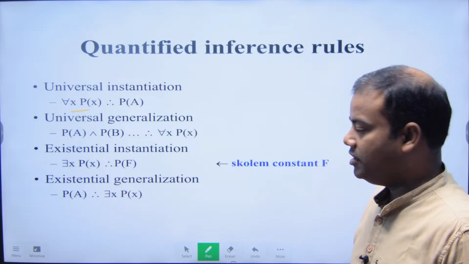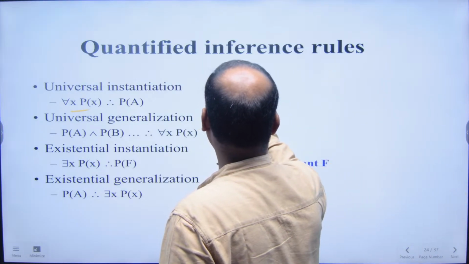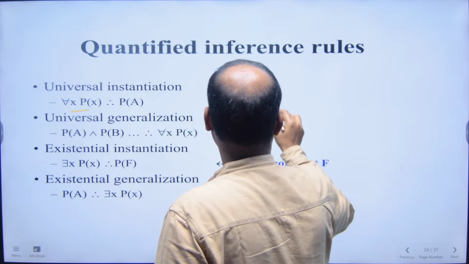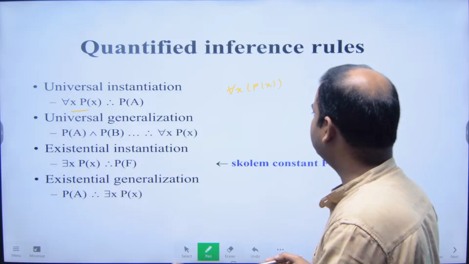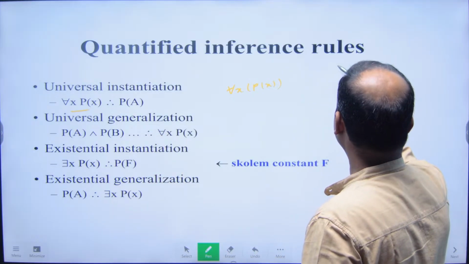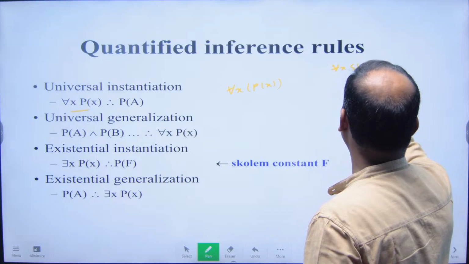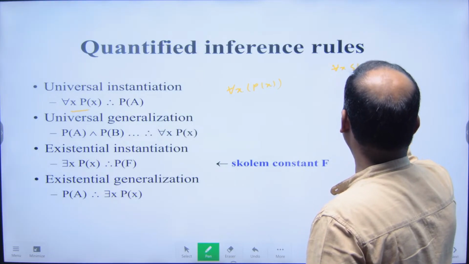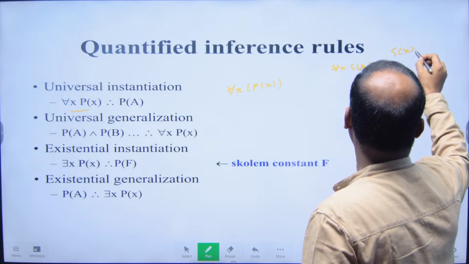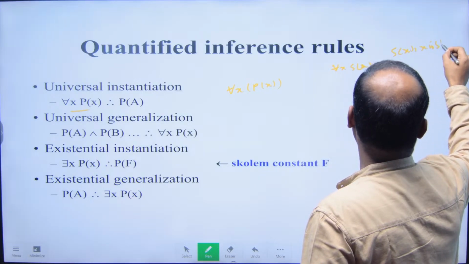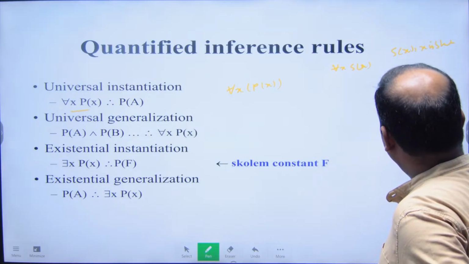Yes. If I write for all x P(x), what is a? It means anything. If I say for all x S(x), where S(x) is "x is a student", what does it mean?